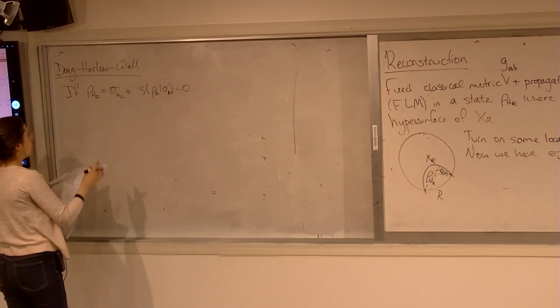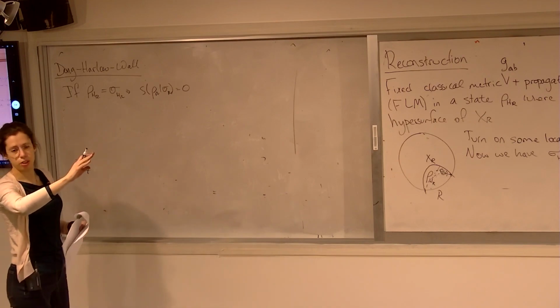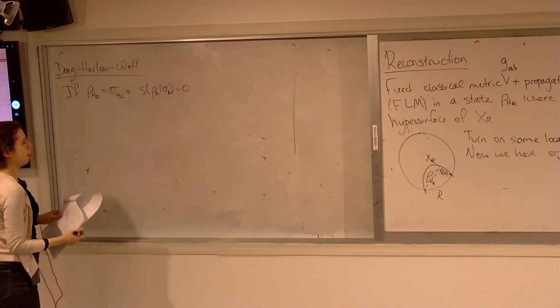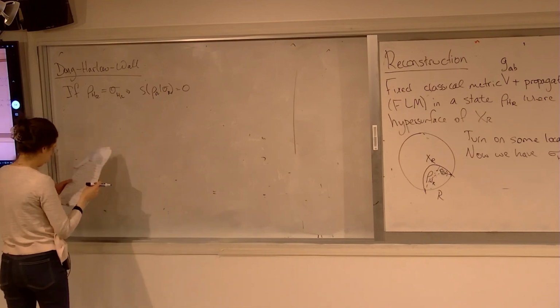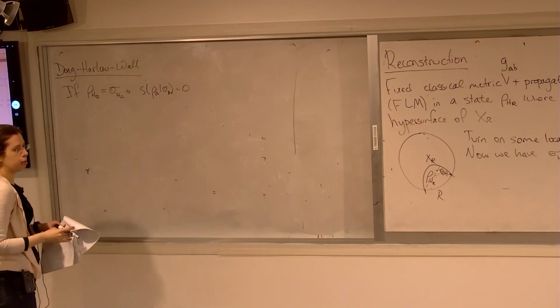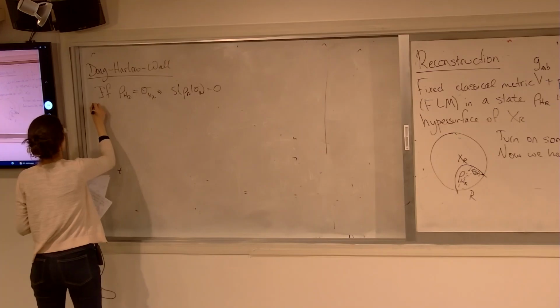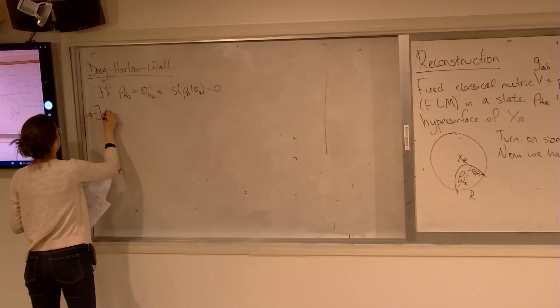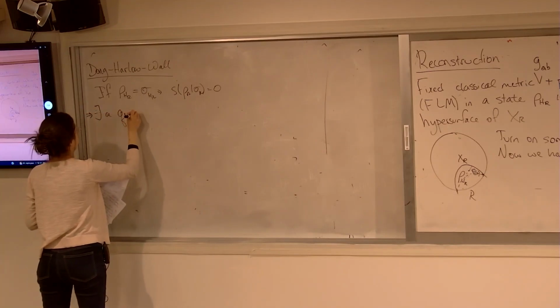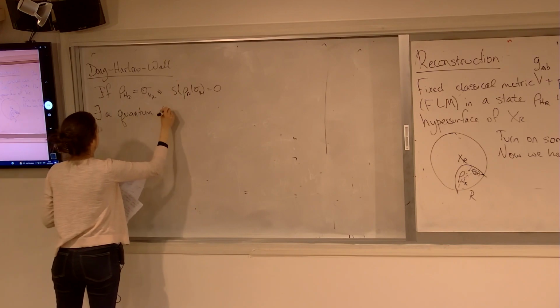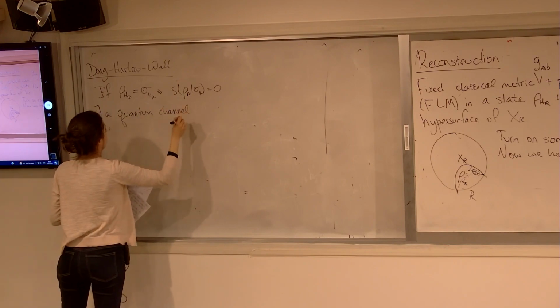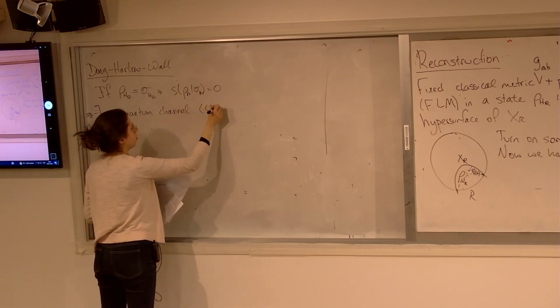And from this, there's a theorem that tells you that there exists a quantum channel that does exactly what you just said. A quantum channel is a completely positive trace preserving map. So there exists a quantum channel, a completely positive trace preserving map.